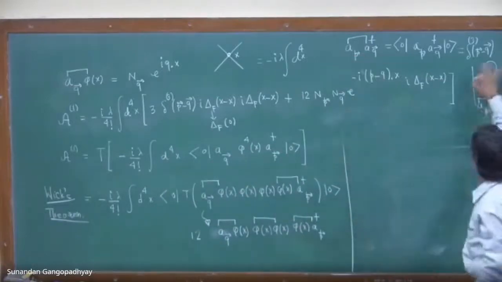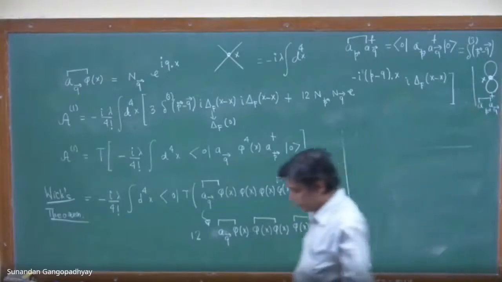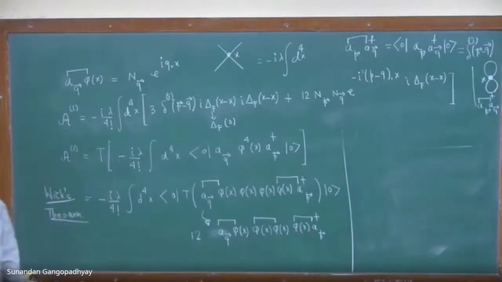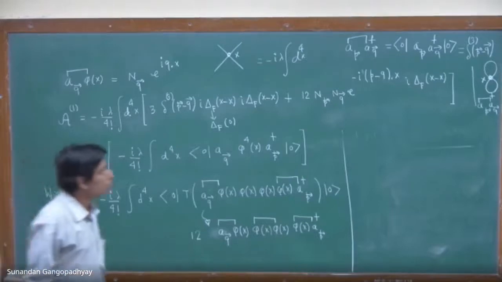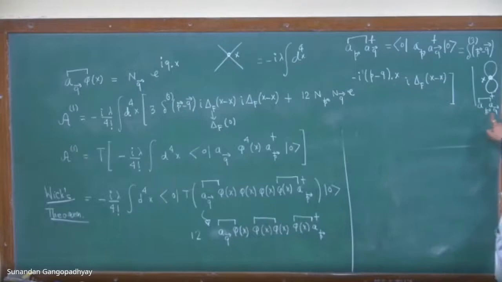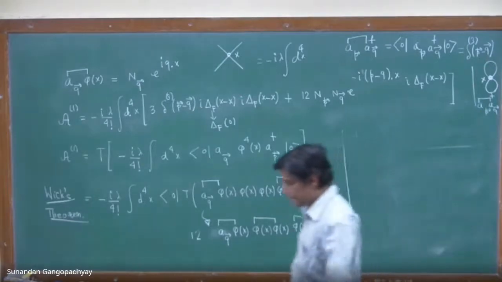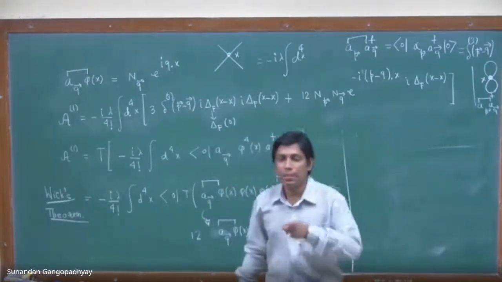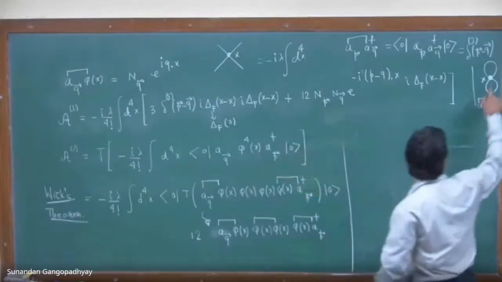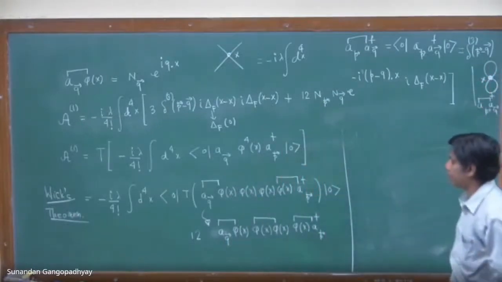So it is something like this. What I'm saying is that I'm just representing this contraction A P, A dagger Q by this line. The particle is coming with momentum P and going away. And then you have another piece which is a blob like this.